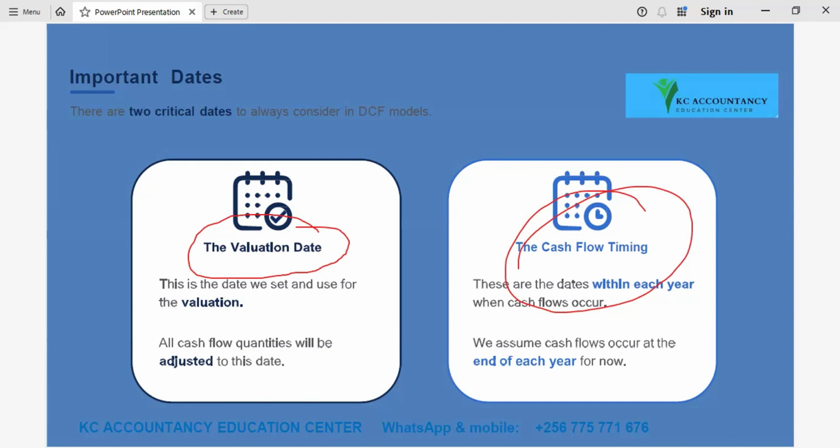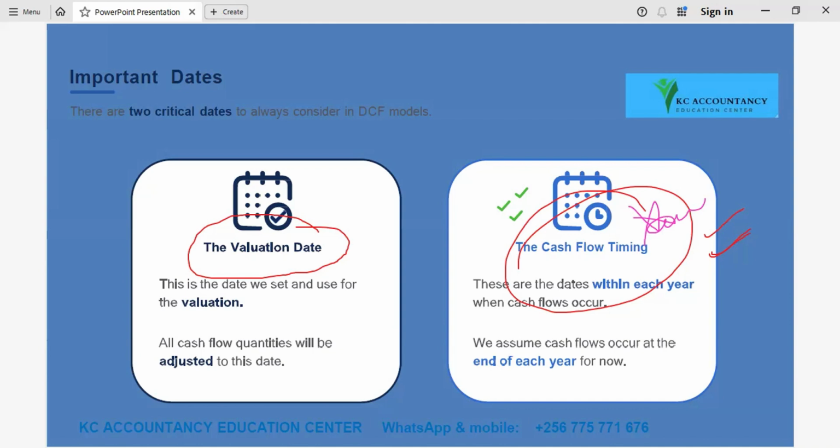If you look at this area here as our first area of concern, the point is that we need to make sure that we know the dates within each year when these cash flows occur.